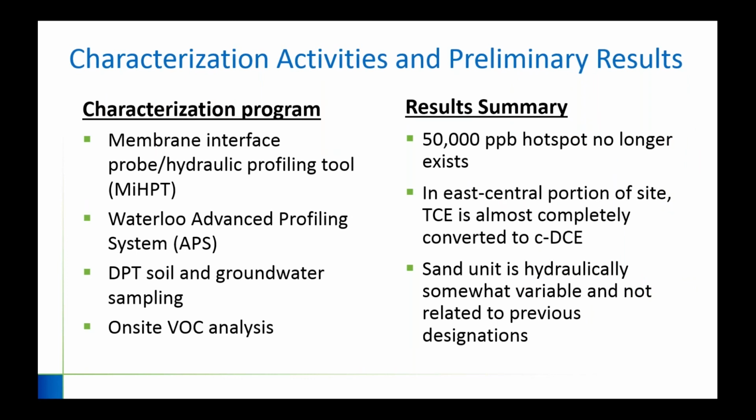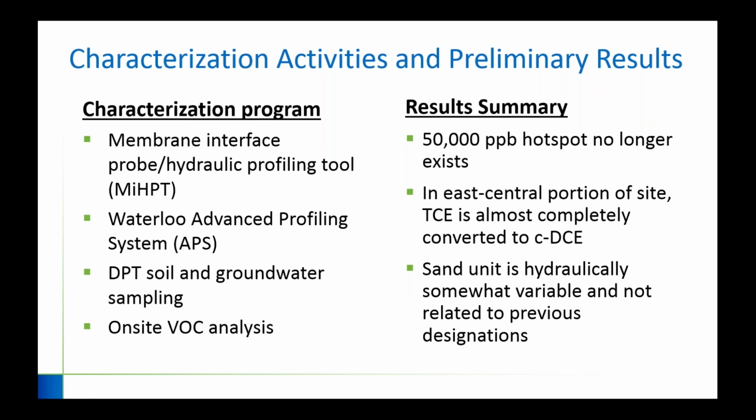So we used a lot of the tools that were talked about earlier today. MIHBT right in that hotspot. We used the Waterloo APS system. We did a lot of depth discrete grab sampling for soil and groundwater, and we had an on-site lab out there. What we found, kind of the most important thing, is that hotspot where ISCO was going to be implemented is not there anymore.